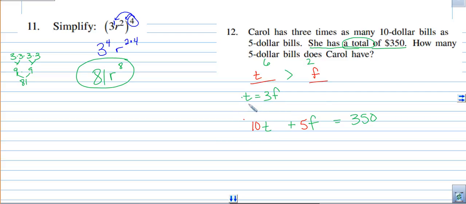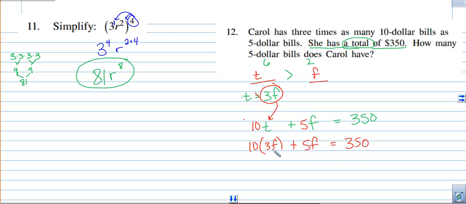So now we have 2 equations. We haven't even solved anything with 2 equations. However, this is very similar to an age question, where it tells us that the tens are 3 F's. So we can take these 3 F's and plug it in for this equation. So you have 10, and then that becomes 3 F's plus 5 F's equals $350.